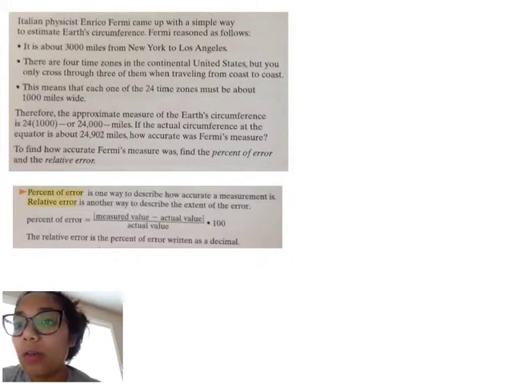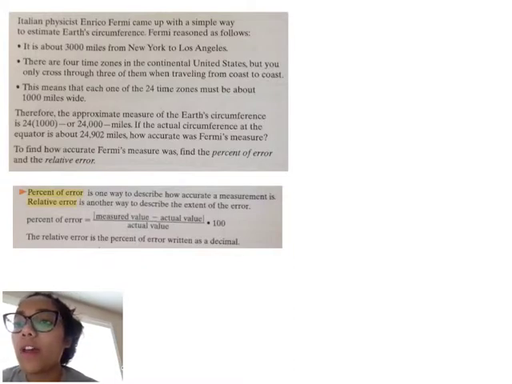So we have the absolute value of 24,000 miles, the measured value, minus the actual value, which is about 24,902 miles. This is also the end of the absolute value, divided by the actual value, 24,902 miles, times 100.